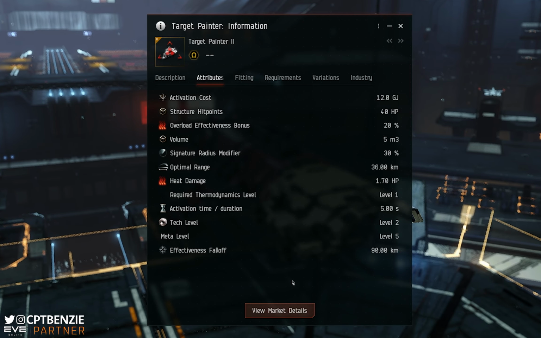Now, whereas we talked earlier about actual velocity and relative angular velocity and things like that, with a Target Painter, you're not affecting the ship's velocity, you're affecting its size, its signature radius. And in any case, a larger signature radius is going to be easier to hit.